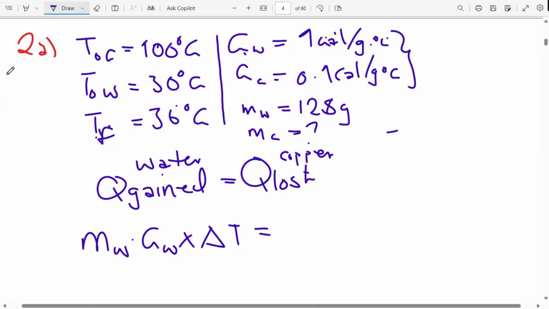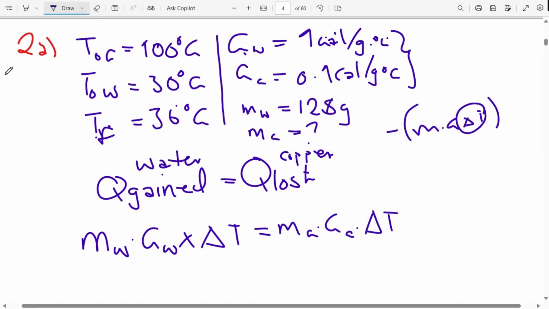Either you put the negative in front and put everything else in brackets, or you can just swap the change in temperature so that you don't have to deal with the negative. So this is equal to the mass of the copper multiplied by the specific heat capacity of the copper, multiplied by the change in temperature. For now, let's assume there's still a negative in front.